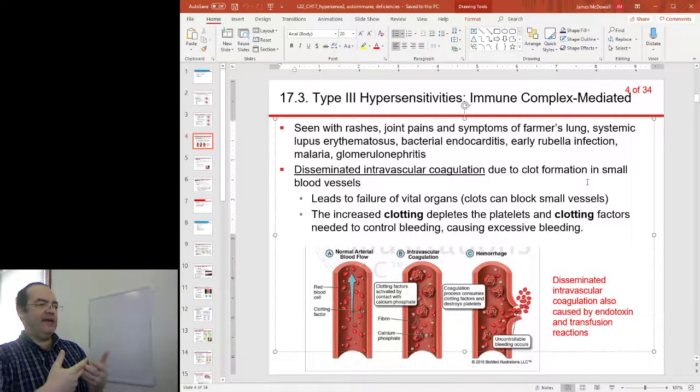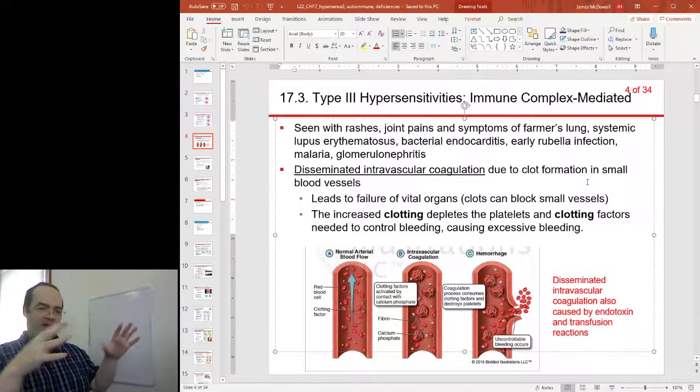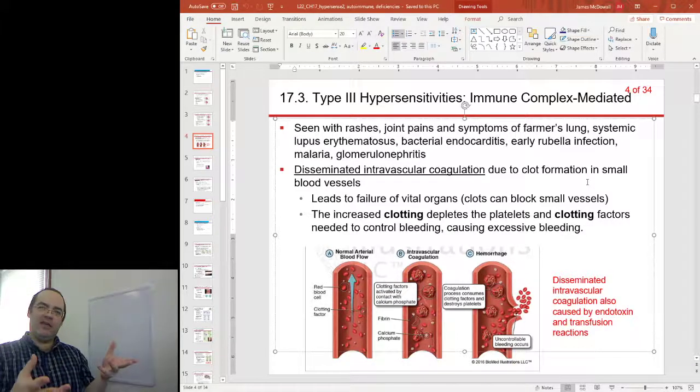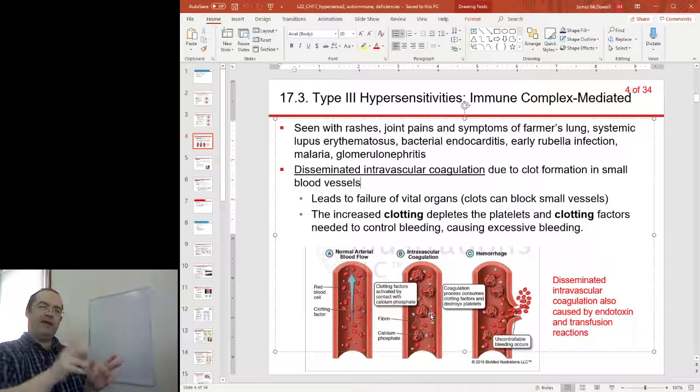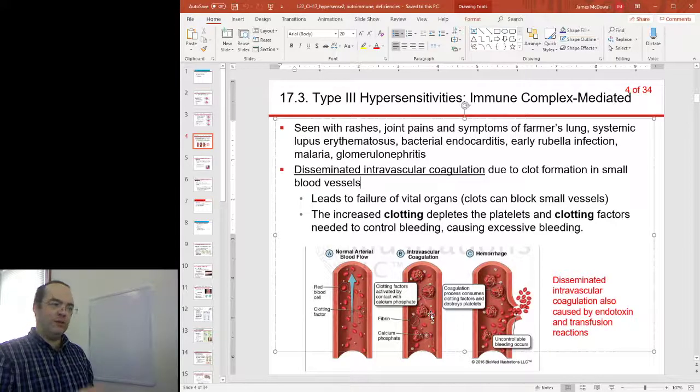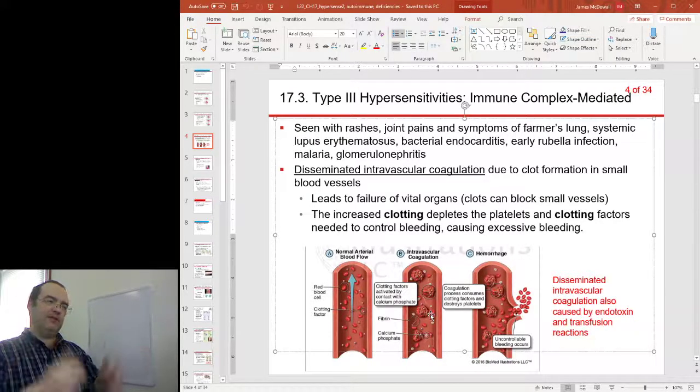What we have is the formation of the immune complexes, the activation of the immune system and inflammation. That leads to lots and lots of small clots being created in the blood. Those small clots can go away, and they can cause problems themselves by clotting up small blood vessels.